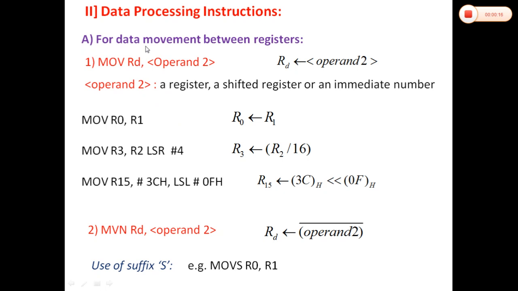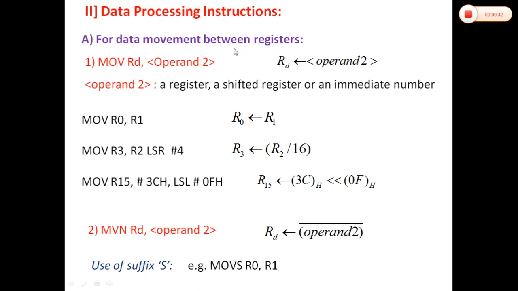The first type under this is the instructions for data movement between registers. These instructions move the data between registers of the register file. Actually, this seems to be a data transfer operation, but in ARM this operation is considered under data processing type.